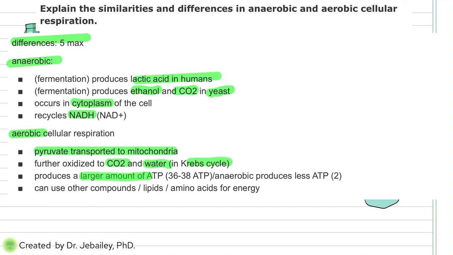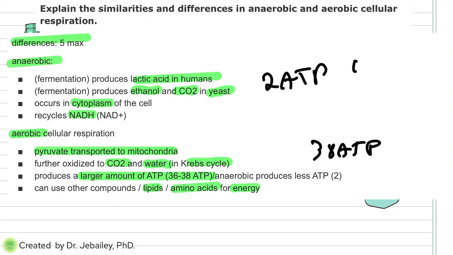You're going to produce a large amount of ATP, like we said, 36 to 38 ATP. And of course, you can use other compounds like lipids and amino acids to produce energy in aerobic respiration. So their differences have very much to do with the amount of ATP. This one is about 2 ATP, this is about 38 ATP. And this is happening mostly in the cytoplasm, and this one is mostly happening in the mitochondria.